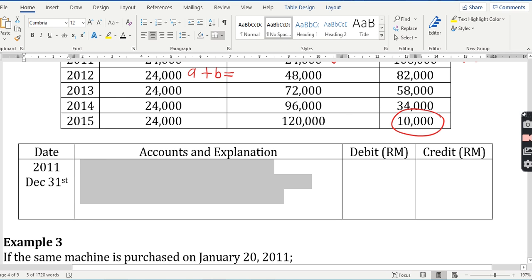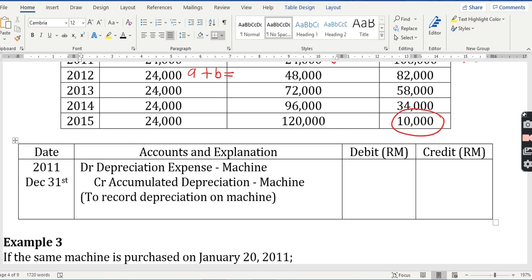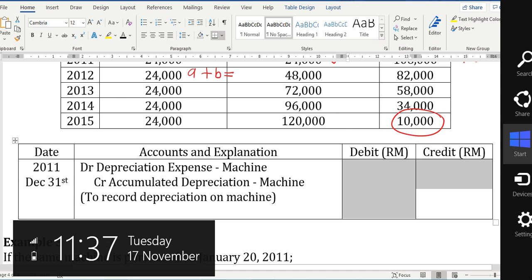You will debit depreciation expense, and you need to put the name of the asset so that you won't be confused which asset you are depreciating, because you have more than one asset at one time.